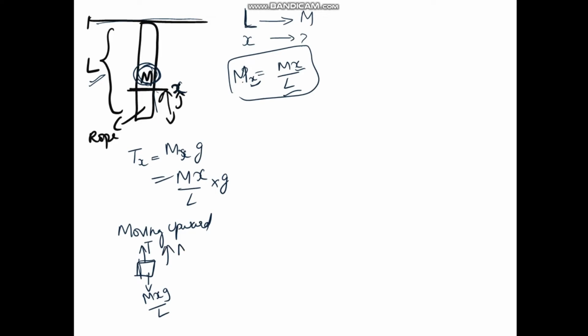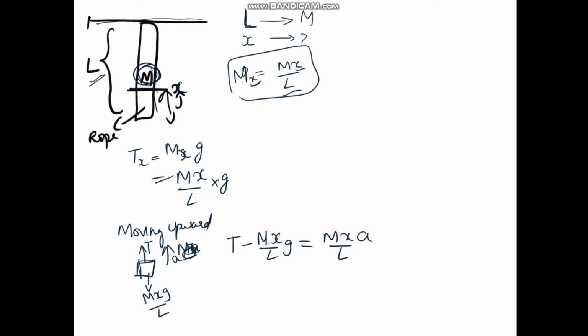The system is moving upward with acceleration a. Since it is moving upward, upward force minus downward force, the downward force being the gravitational force, is equal to mass into a. The mass of the x portion of the rope is mx by L.